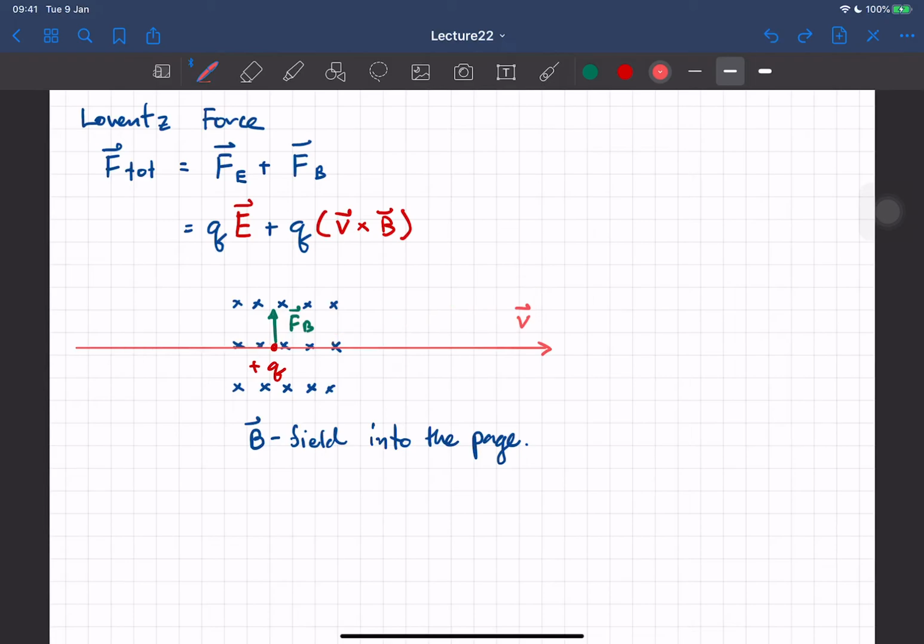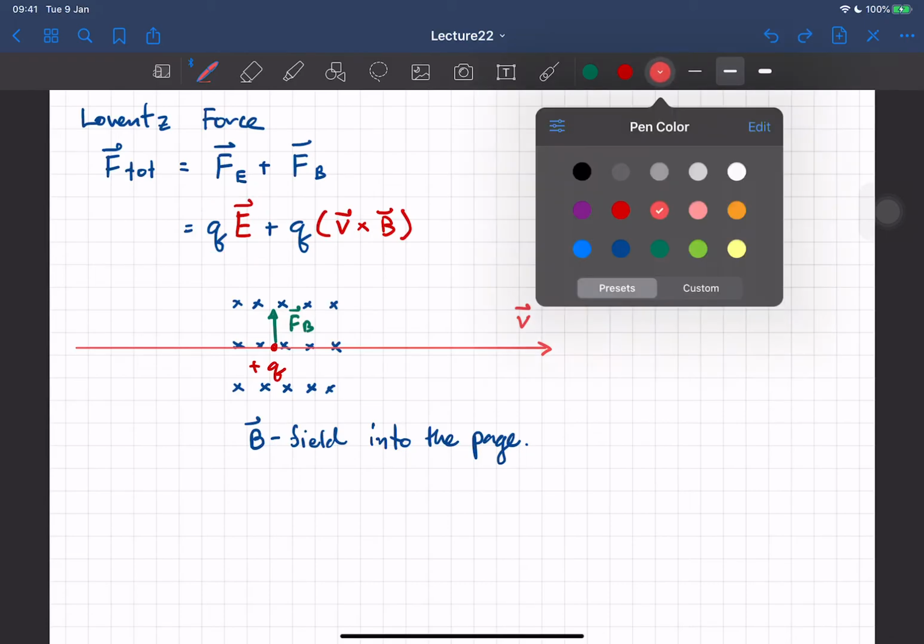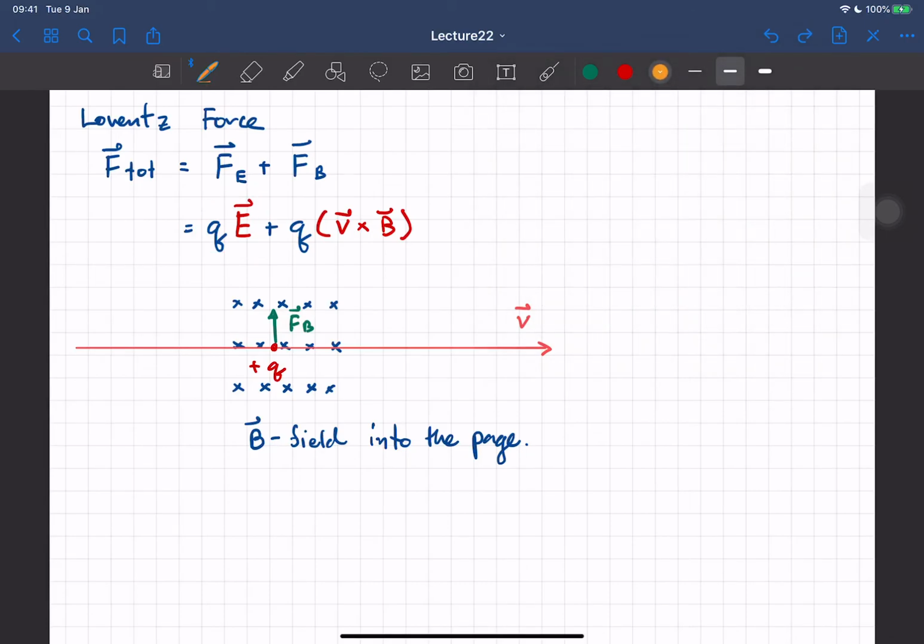You don't want to touch the magnetic field, but you have this extra knob to play with, which is the electric part. So what you need to do is make the electric force cancel this magnetic force. You can do that by simply applying an electric field in the downward direction.